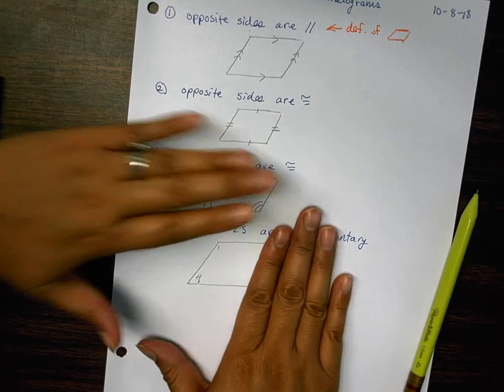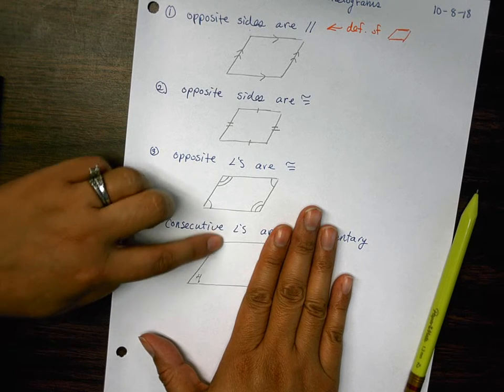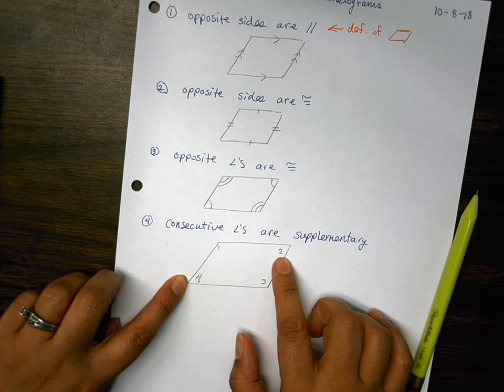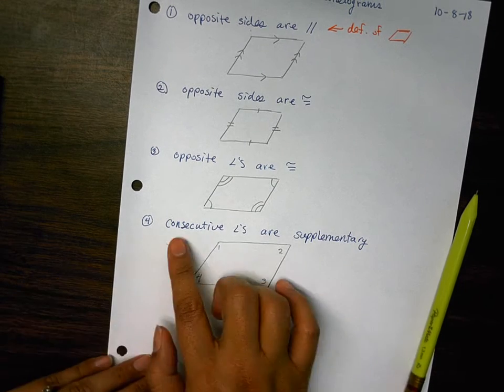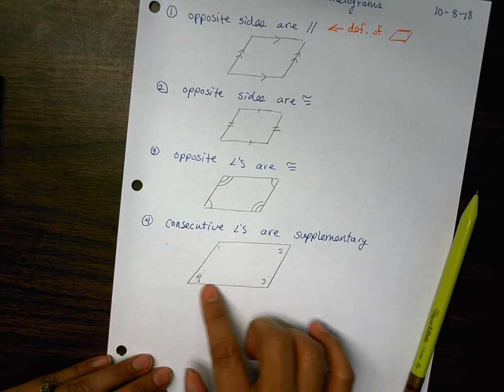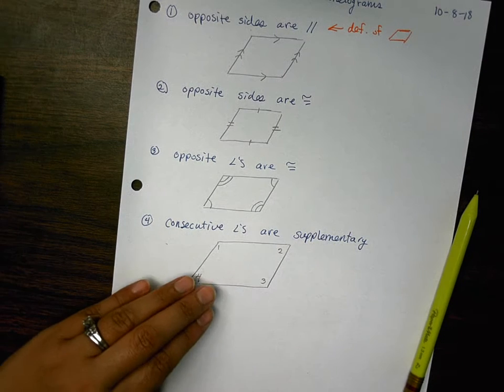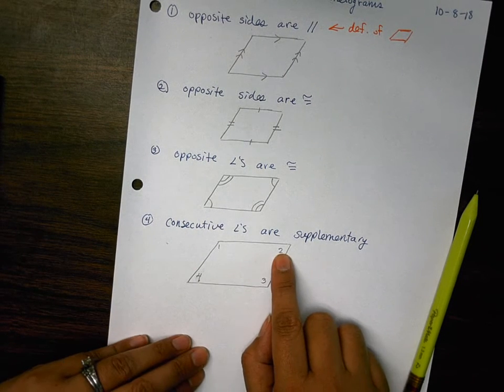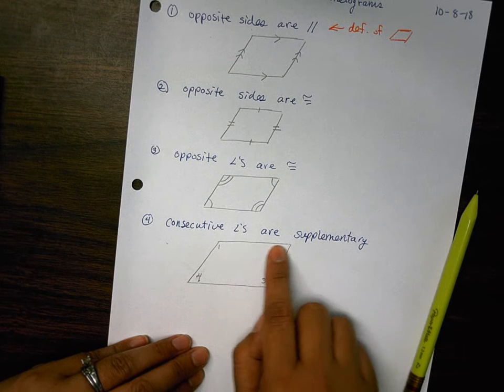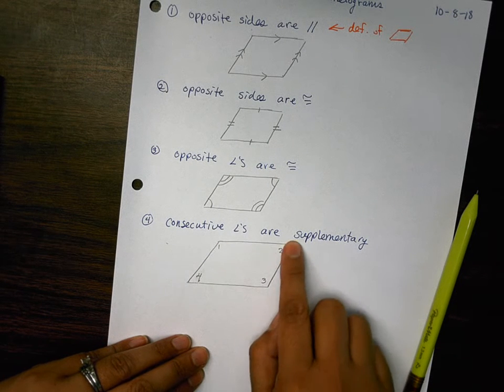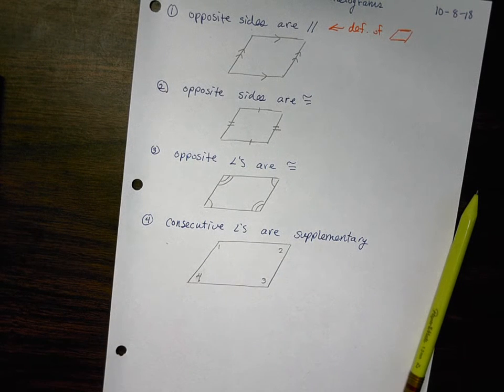And what is the other one? 3. They share a side. Do you see that? 4 and 3 share a side. 4 and 1 share a side. Do 4 and 2 share a side? No. So consecutive angles share a side. So what about angle 2? 2 shares a side with 1 and 3. Do you guys see that?